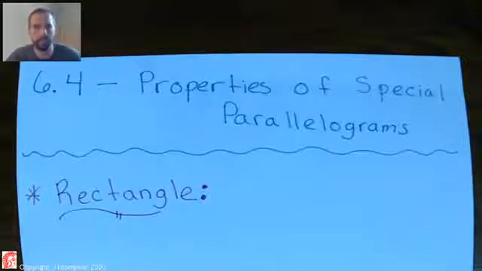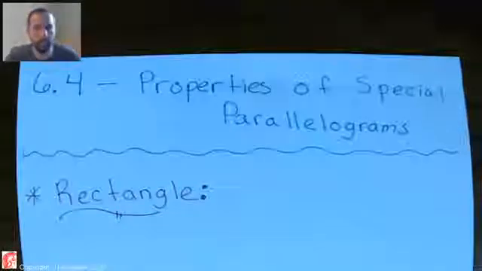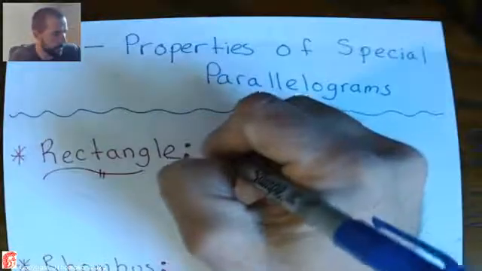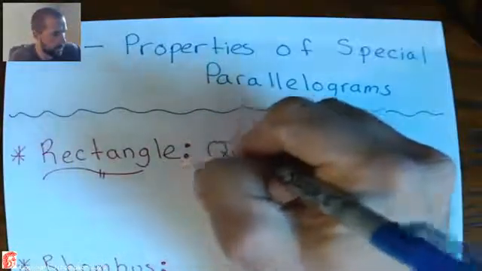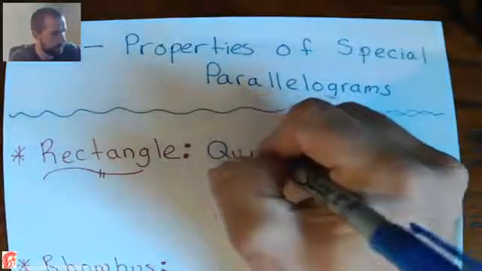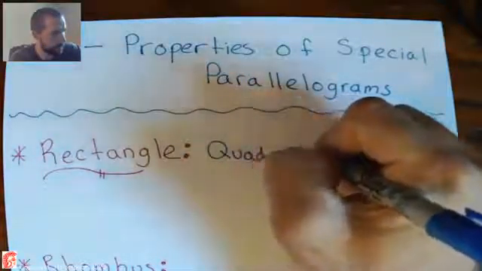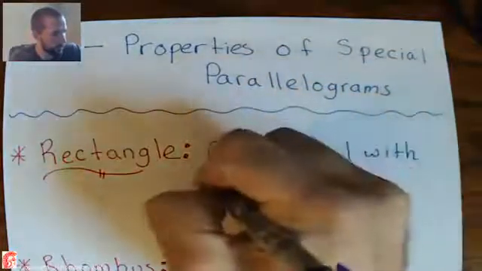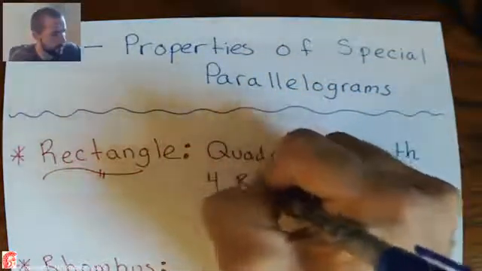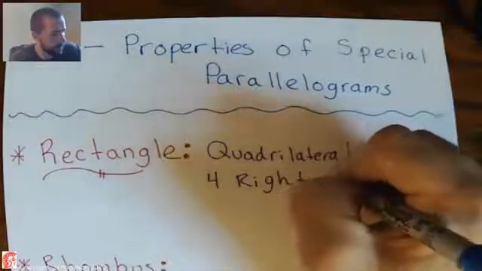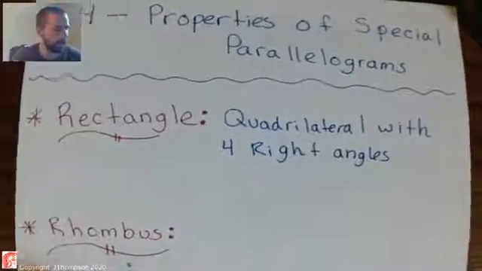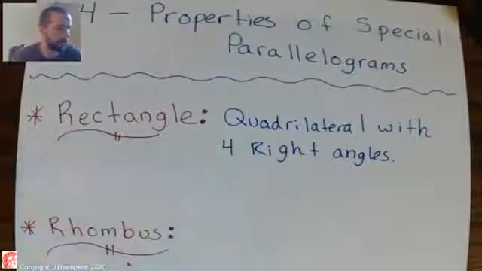So a rectangle is just a quadrilateral that has four right angles. So that's the definition of a rectangle. Okay, so the way that a rectangle looks is something that you're probably familiar with.